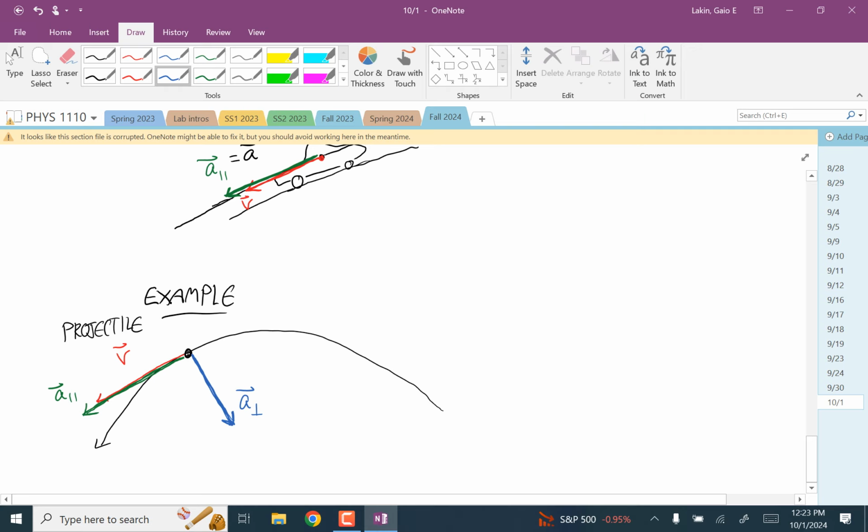We don't know what their magnitudes are, so all we can say is that the total acceleration is going to be somewhere in this direction. Well, we know that in projectile motion, the acceleration is down. So down needs to fall within this range, and you can see that it does.